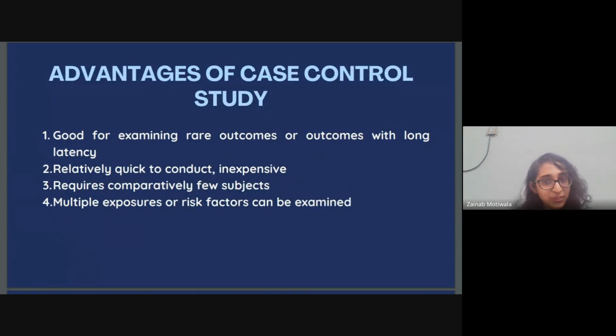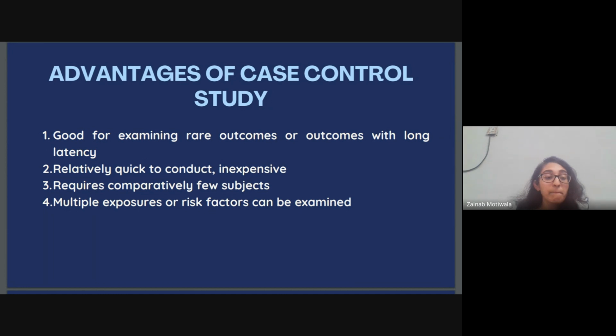And now we come to the advantages of case control studies. This is just a repetition of the things that we discussed during our session: it is really good for examining rare outcomes or outcomes with long latency. The good part is that it can be done really quickly. It's quite inexpensive, and it requires fewer subjects, doesn't require a very big sample size.